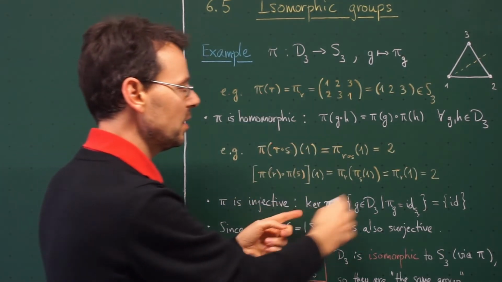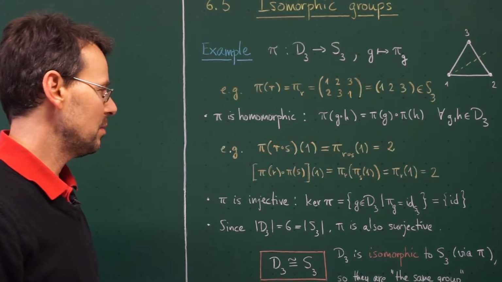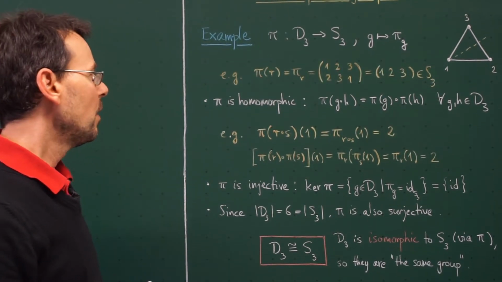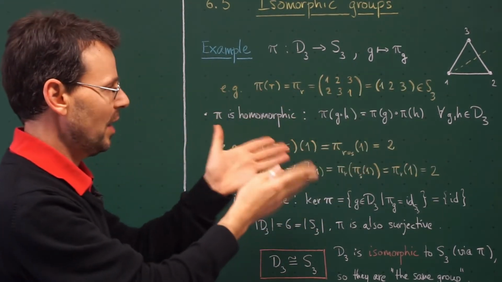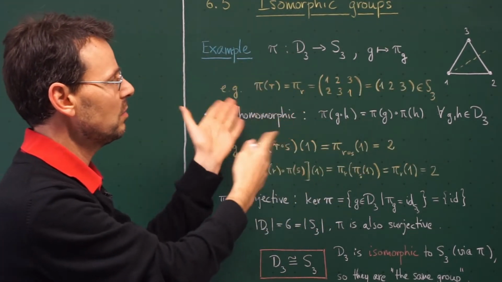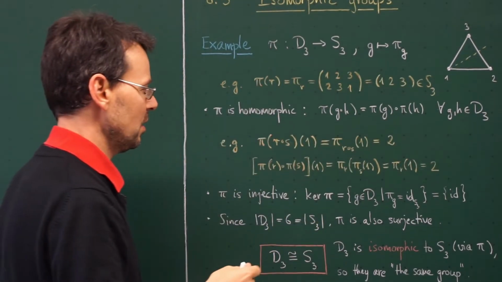So the kernel is trivial, and since we know that pi is a homomorphism, it means that pi is injective. Or by simply looking at what pi does, it is clear that every symmetry gets mapped to a different permutation, so injectivity is evident.